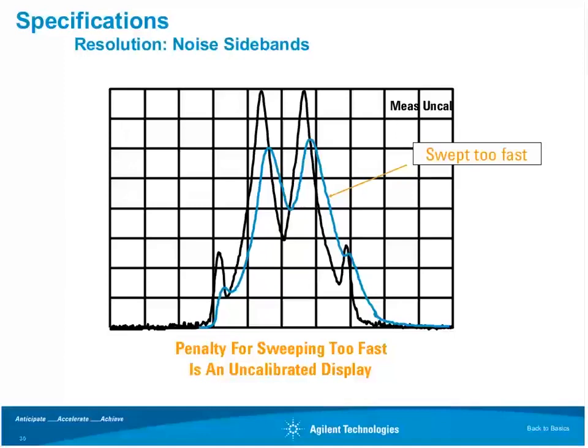So at this point you might be thinking, well, gosh, if narrow filters give us better resolution, why not always use a really narrow filter? And that would give you good resolution. The problem, or the price you pay for that, is that the sweep time slows down dramatically. In fact, for every 10 times change in bandwidth, your sweep time goes up by a factor of 100.